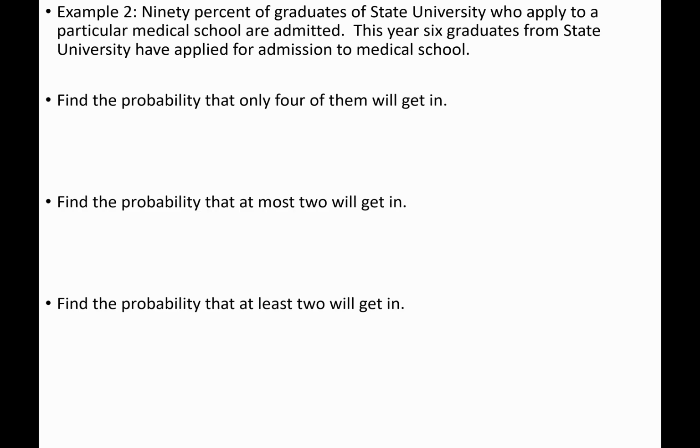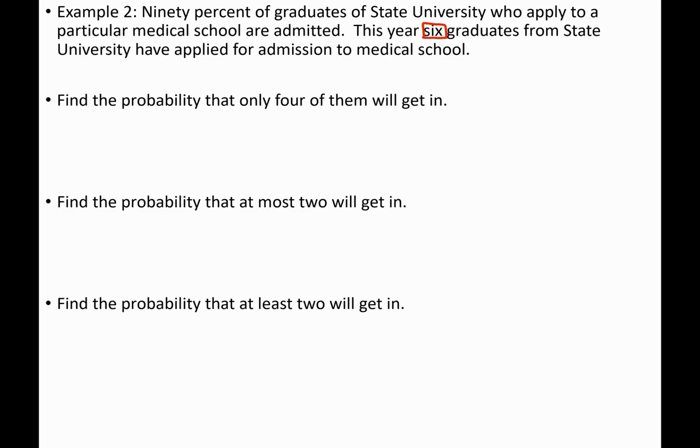So we have to first of all ask ourselves, do we have a fixed number of trials? What's considered a trial in this case? What do you think? What's a trial? A trial is that they apply. Yeah. So each application is a trial. Do we have a fixed number of them? 6.